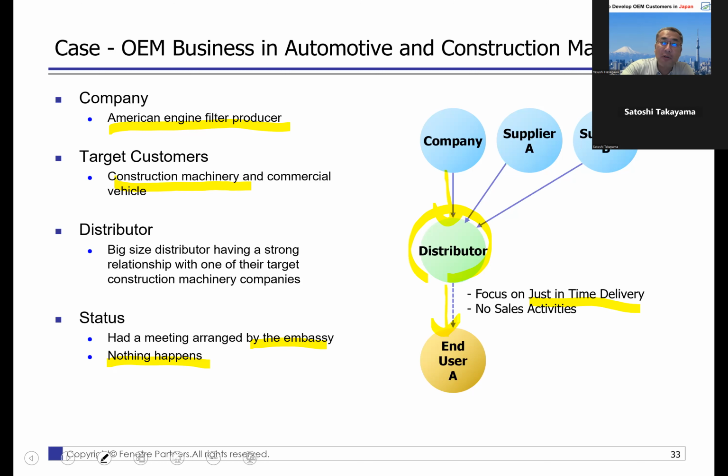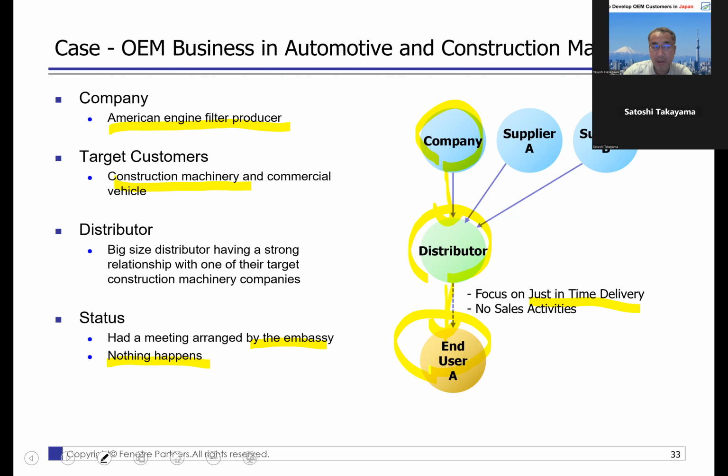So promoting a particular company's product is meaningless for this distributor because now they are providing your competitor's product to end user A. So if they replace the existing one with yours, probably the profit wouldn't change dramatically. So they will say either is fine, as long as end user A is happy with that product.